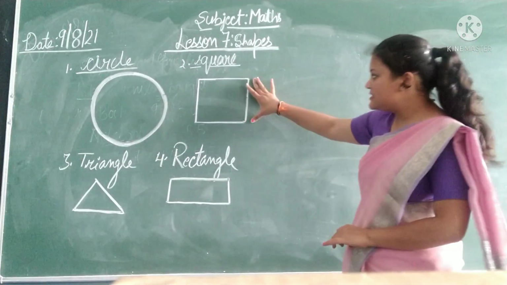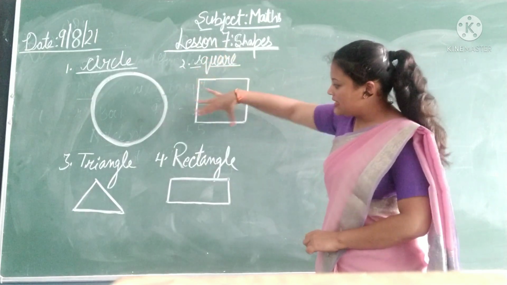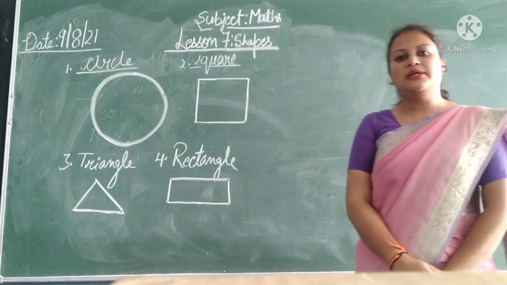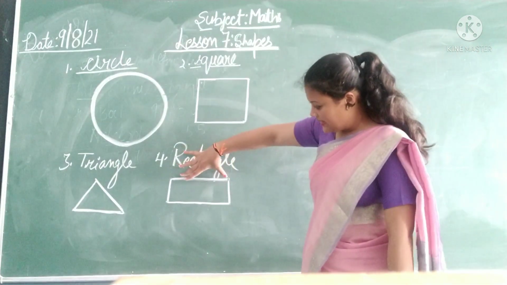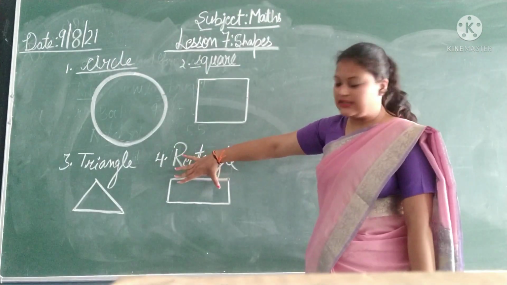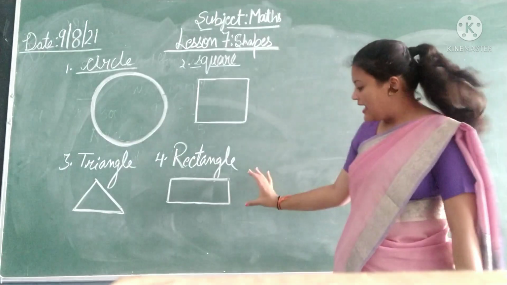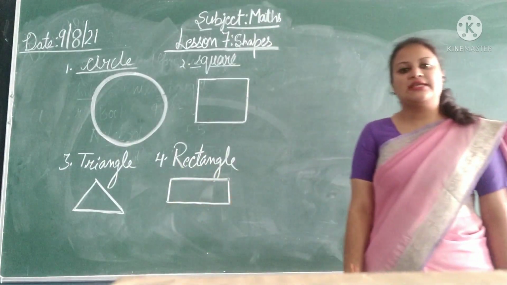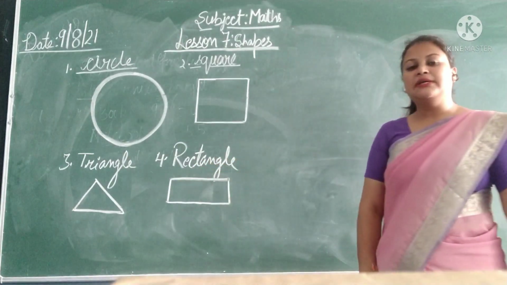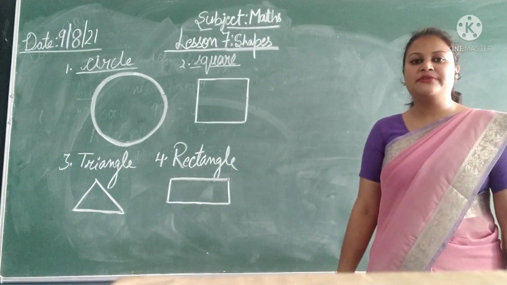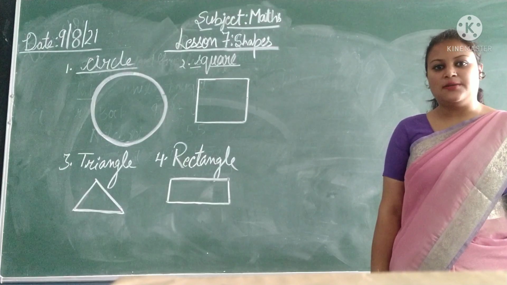But in a rectangle, if I take these as length, the two lengths will be the same and the two breadths will be the same. So this is the difference between square and rectangle.